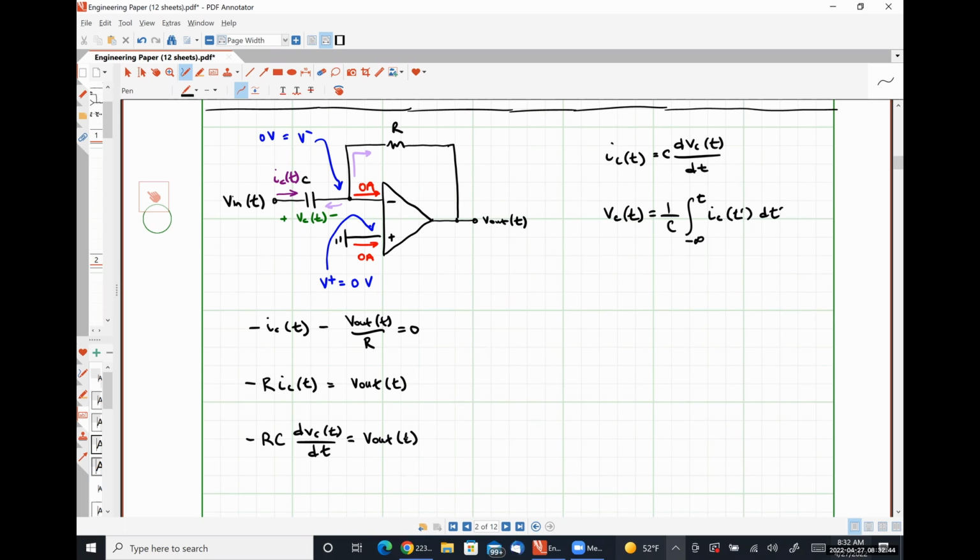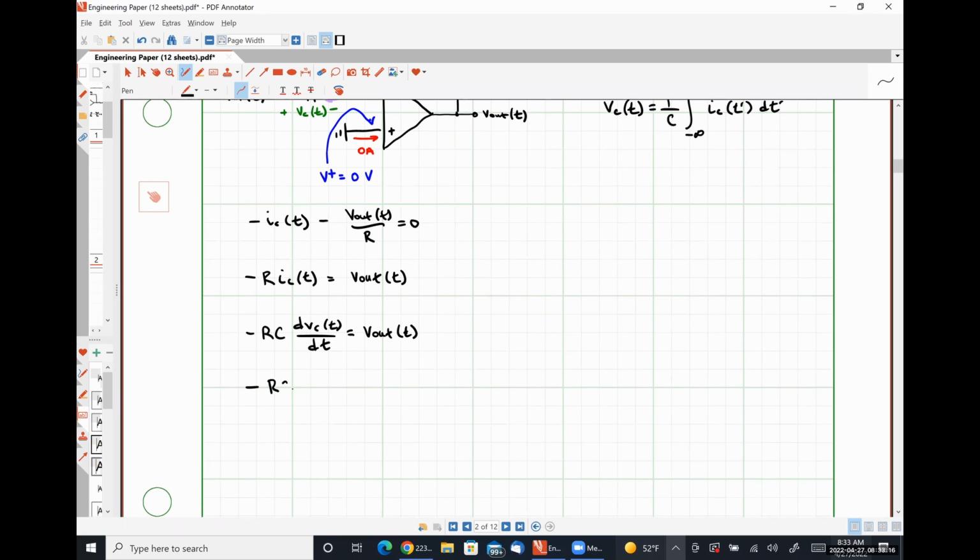So the question then becomes, how are the quantity Vn of t and Vc of t related? Exactly right. Vc of t and Vn of t are literally the exact same thing because they're both the voltage measured between this node right here and ground.